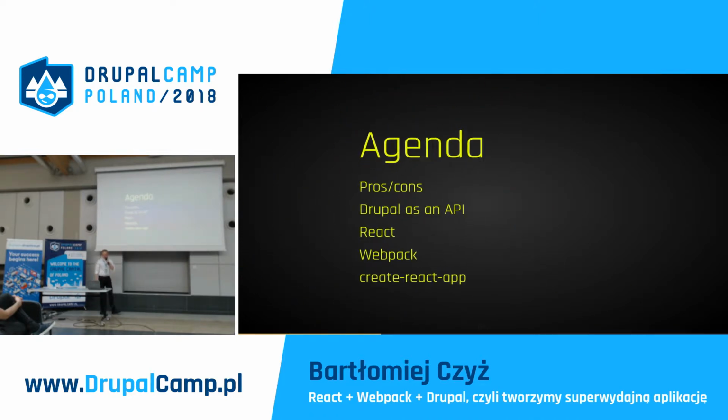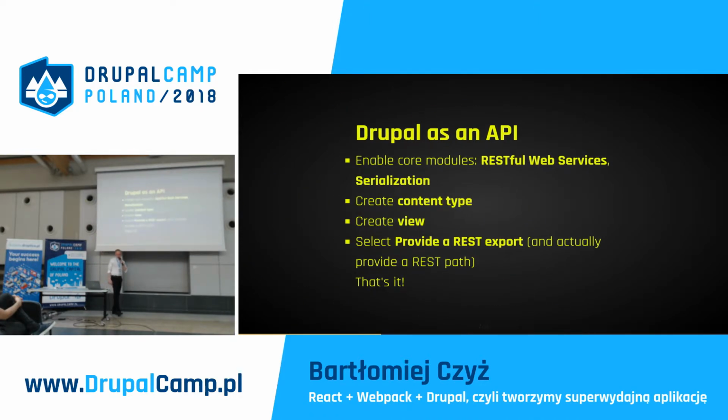Alright, Drupal as an API. So in Drupal 8 you already have modules inside of the core, and those two that you need are RESTful Web Services and Serialization. So you probably know how to enable those modules.